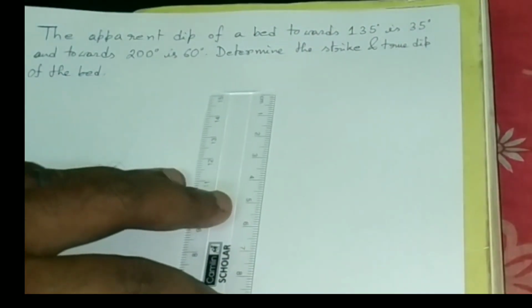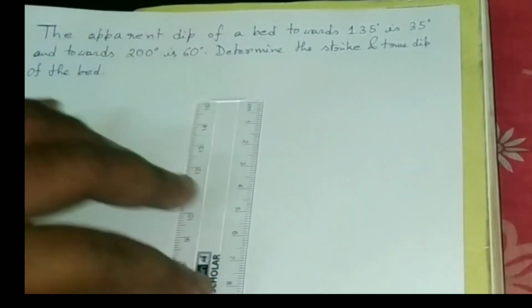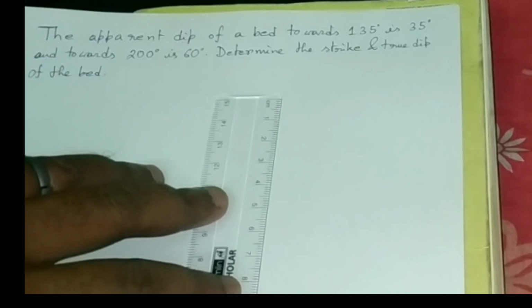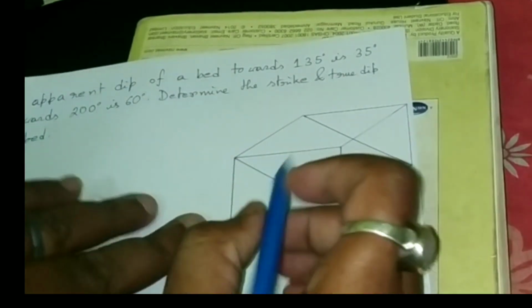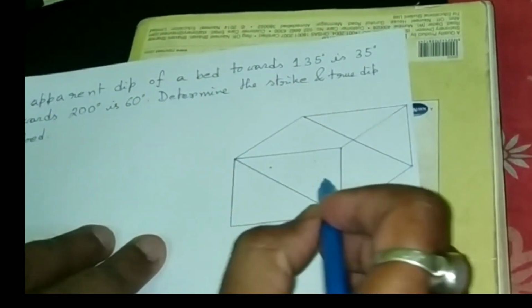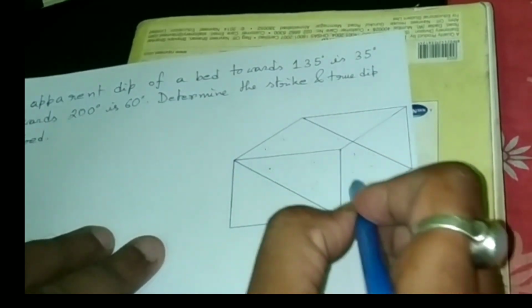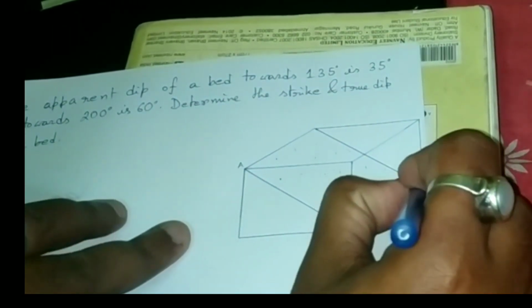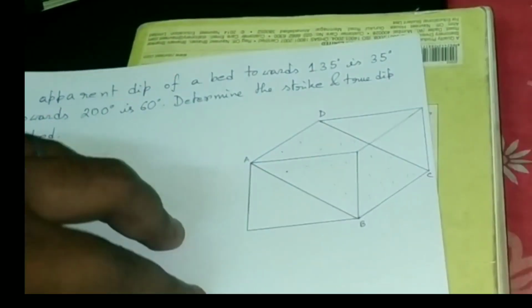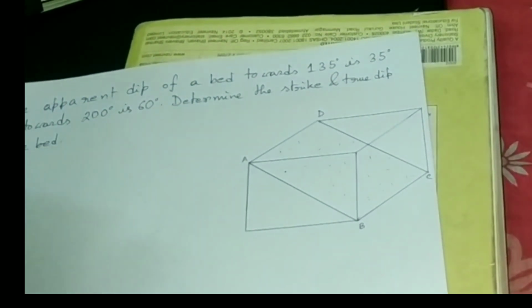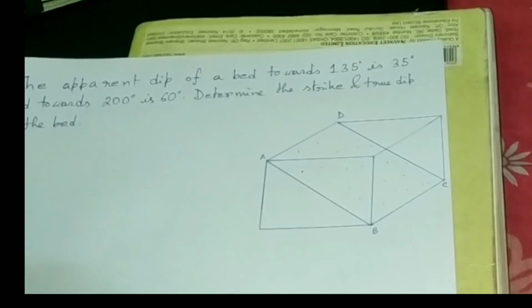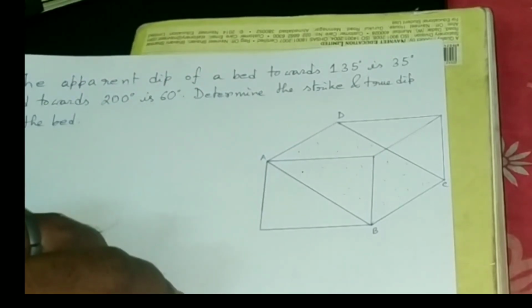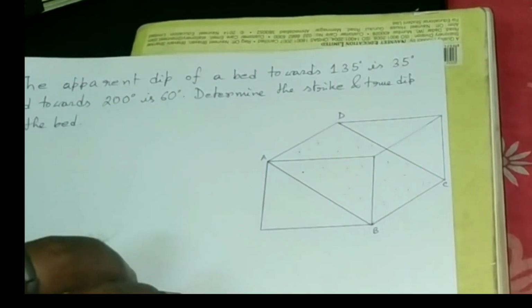So to give one small 3D demonstration, I am constructing one cube for the timing. So suppose this is the inclined bed A, B, C, D. We have been given two apparent dips on it, and we have to construct the strike line on that bed.